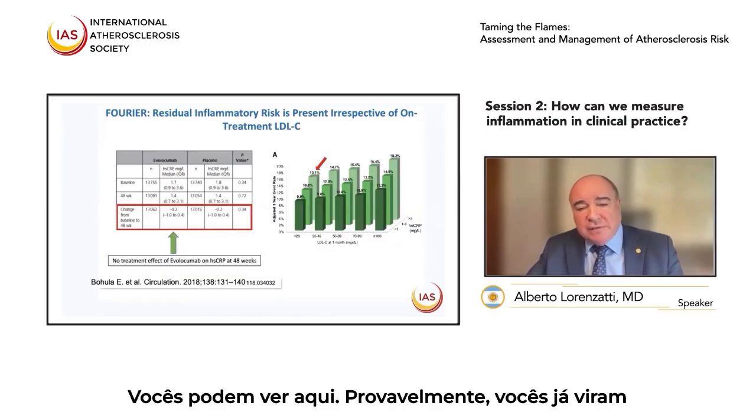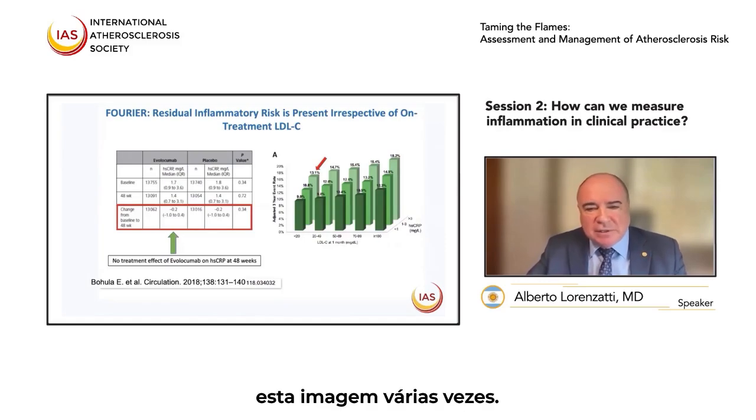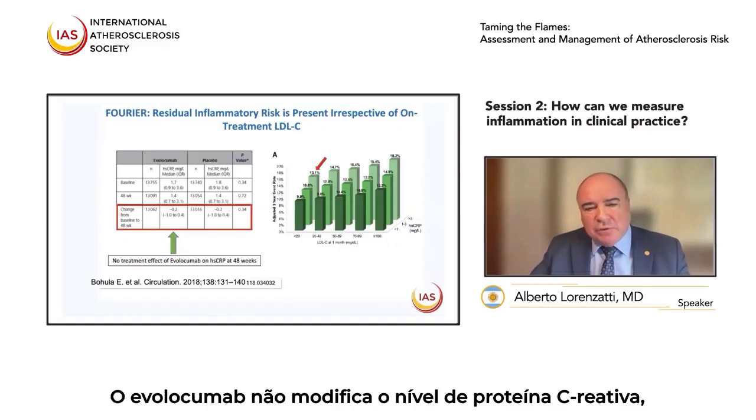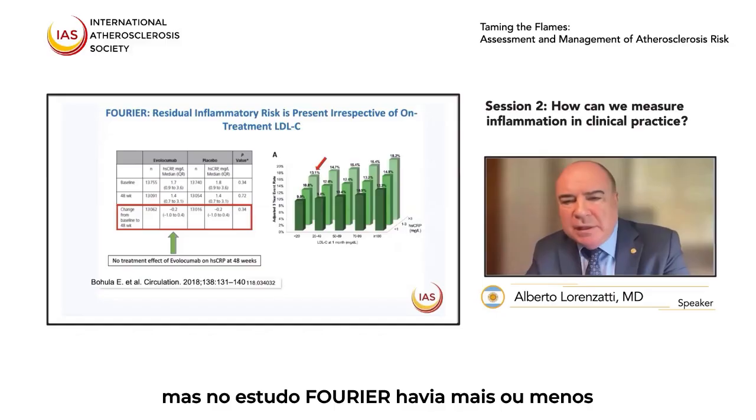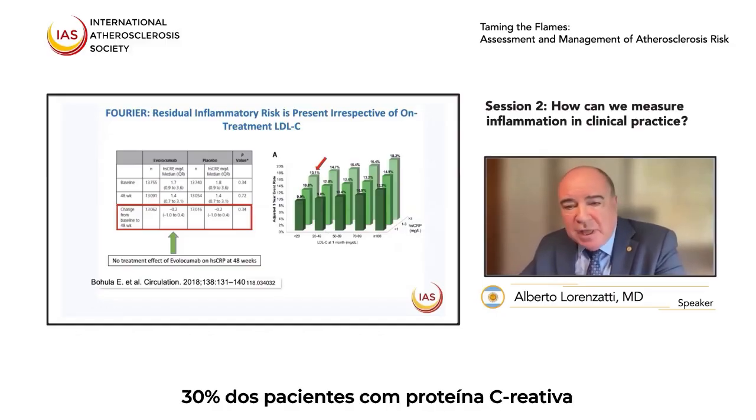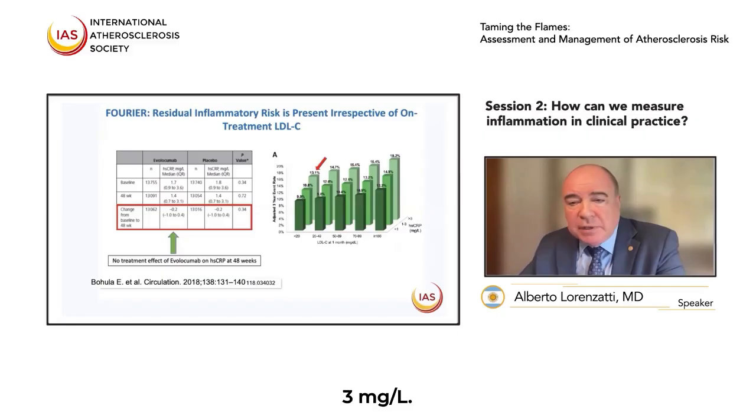You can see this image, probably you have seen it several times. Evolocumab does not modify the level of C-reactive protein, but in the FOURIER study, there were more or less 30% of patients having C-reactive protein more than 3 milligrams per liter.